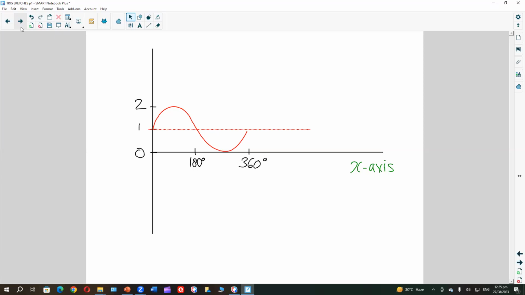Now look at the angles. This means there's only one cycle in 0 to 360, and there is one cycle.